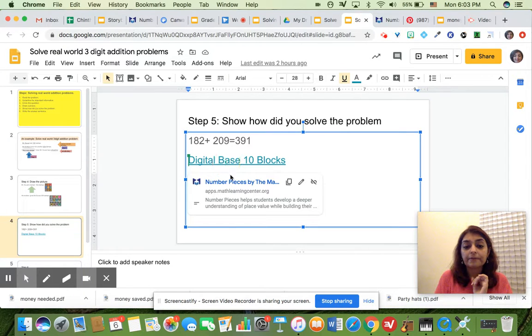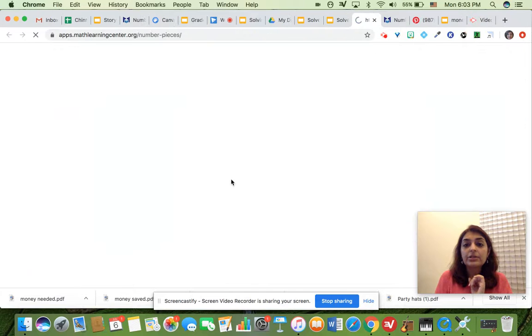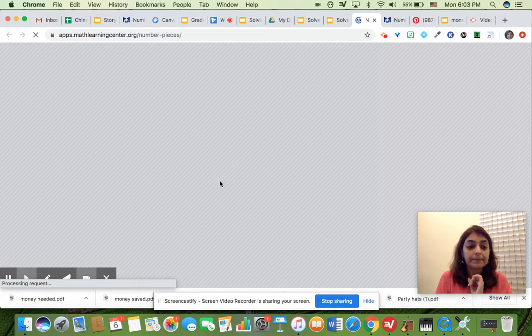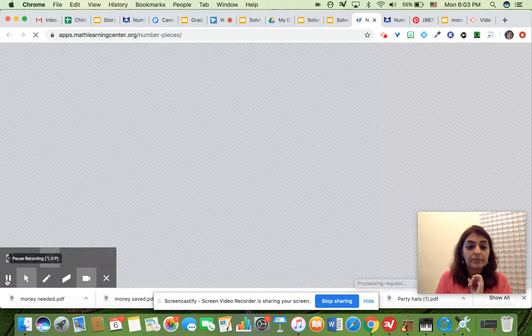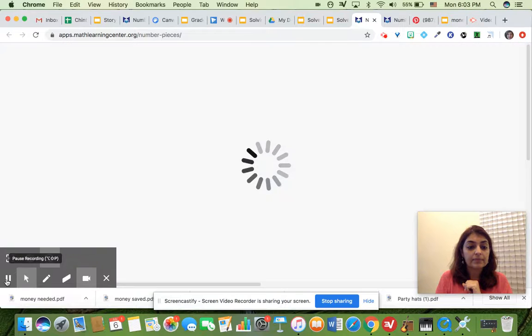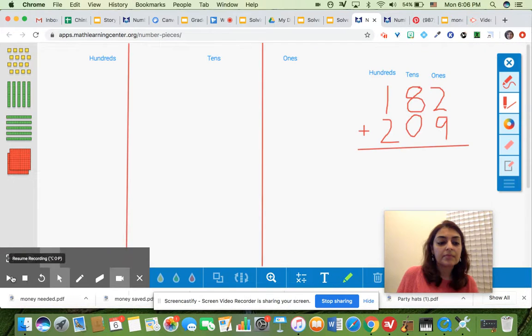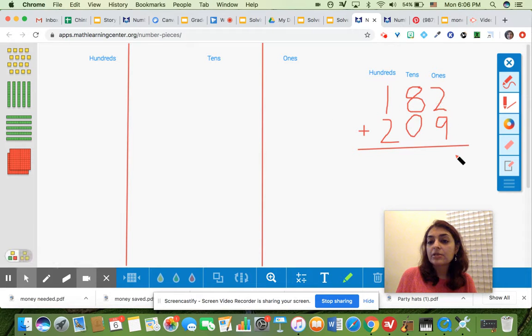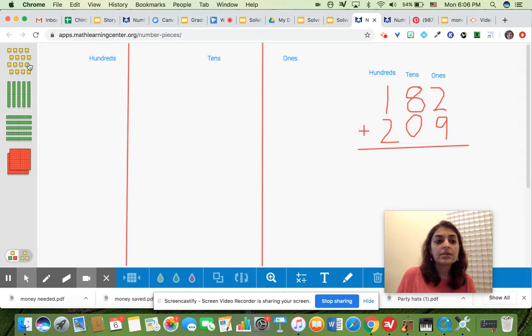So let's use the digital base 10 blocks to solve the addition problem. So let's add these two addends. So I would require two ones, 1, 2.